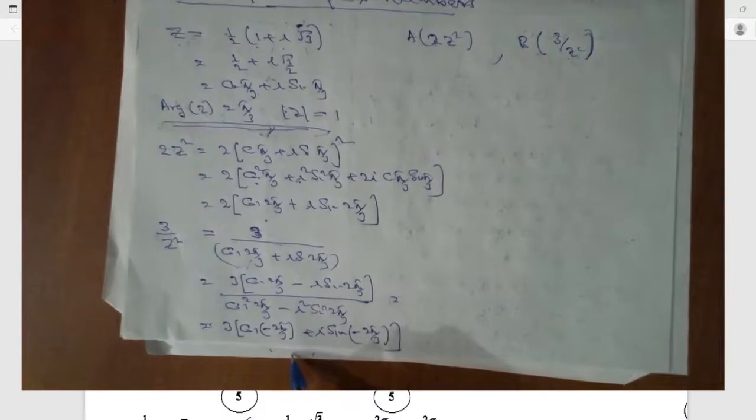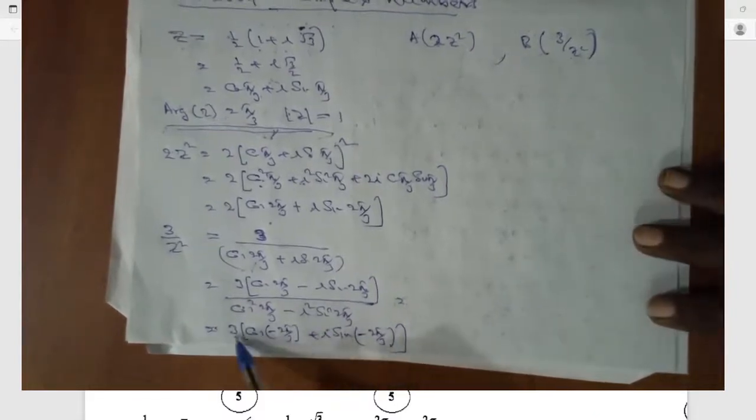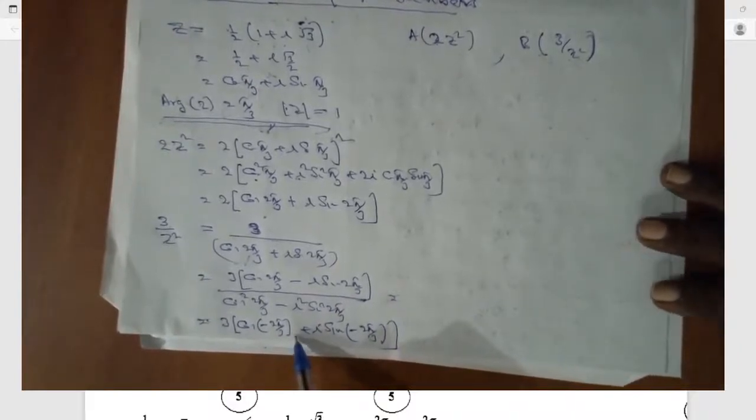Now, according to the new syllabus, argument is the principal argument, defined from minus pi to plus pi, excluding minus pi, right? Now these are the arguments.